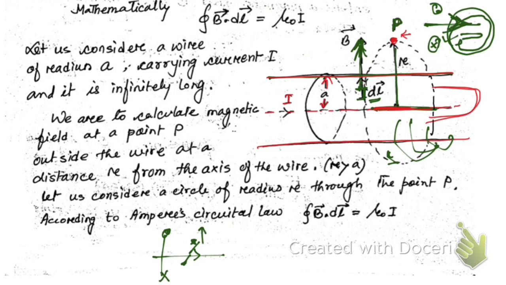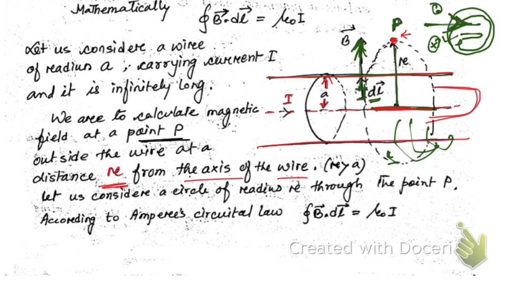Now you see here, I have assumed this circular ring through the point P of radius r. This point is at a distance r from the axis of the wire.